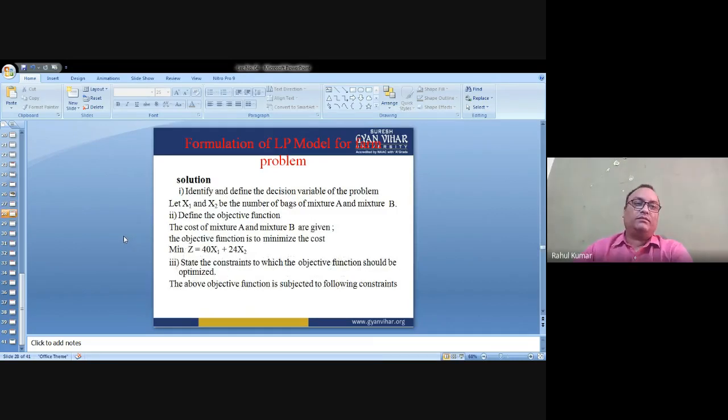So what are the solution steps to adopt here? First, identify and define the decision variables of the problem, the number of bags of mixture A and B, and define the objective function.